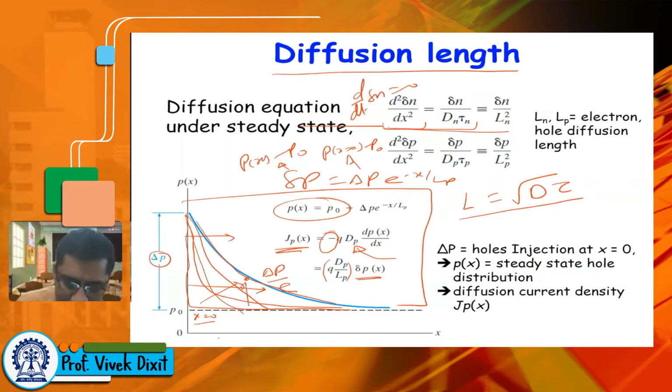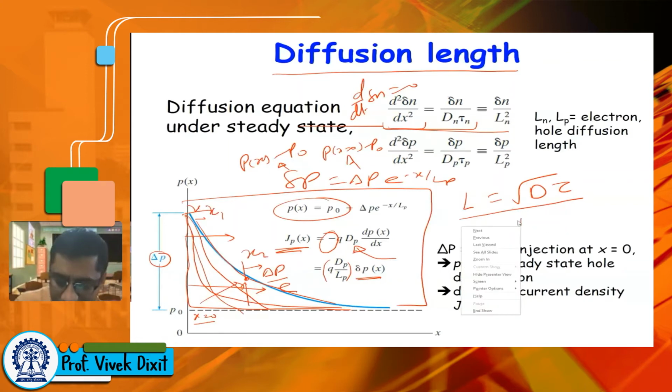So you notice here current at x equal to 0 is different. Current is a function of position and it is decreasing. So that means the carriers are coming from here and leaving at another point. Let's say this is x1, this is x2. So current at x2 is less than current at x1, right?